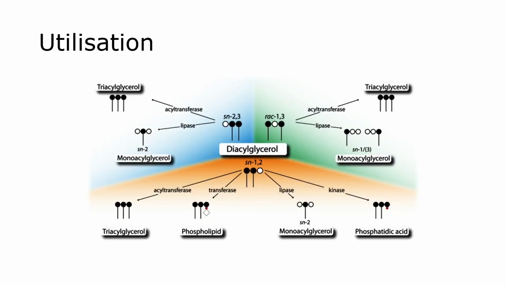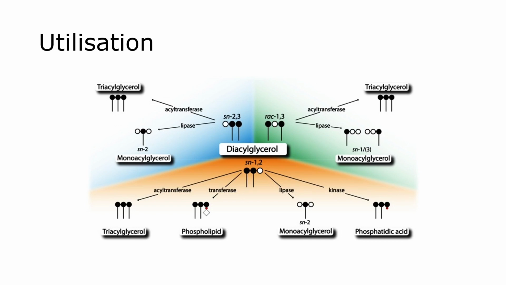The utilization of diacylglycerol is closely connected with its ways of synthesis. The diacylglycerol which we got from triacylglycerol, monoacylglycerol, phosphatidic acid, and phospholipids of the cell membrane can be transformed into these compounds again, but by different enzymes.